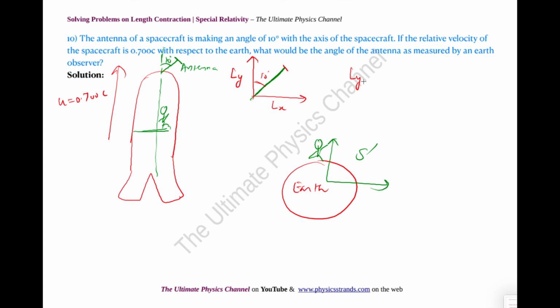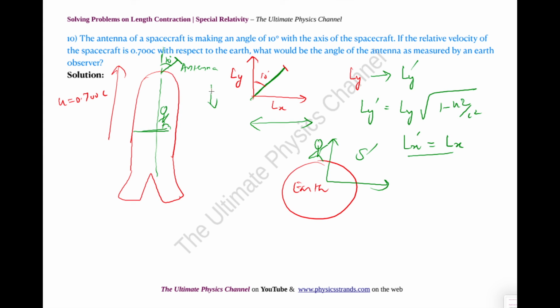Right, therefore Ly is going to change, contract to Ly prime. So Ly prime is therefore equal to Ly times square root of 1 minus u squared over c squared, whereas Lx prime is going to be same as Lx, which doesn't contract in this direction, no change in this direction. Contraction occurs only in this direction. Lorentz contraction, length contraction occurs only in this direction.